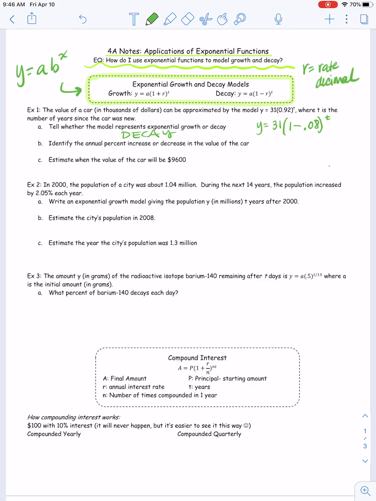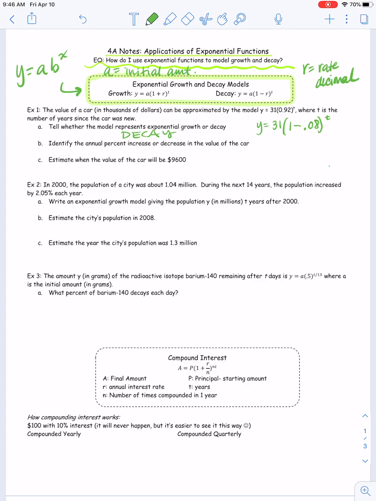You knew that a was that initial amount. In this particular problem, if a is our initial amount and it's 31, then that is going to be the value of the car when it was brand new. Because it's in thousands of dollars, this car brand new was worth $31,000.